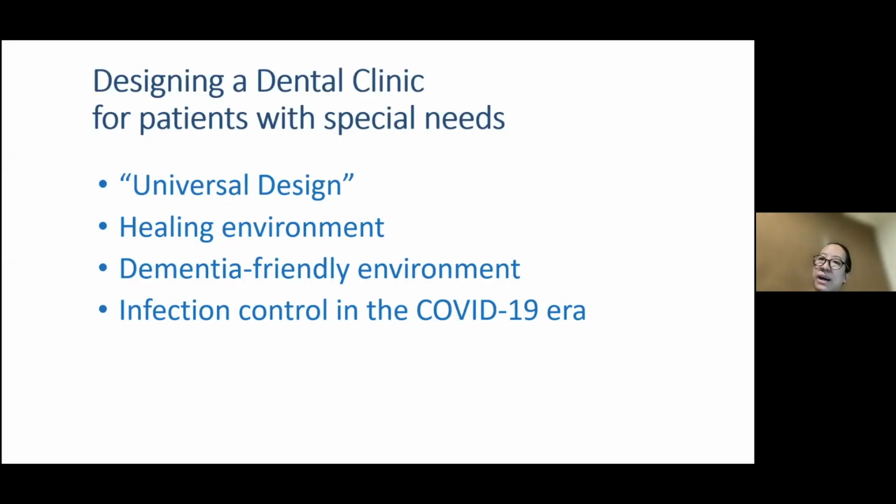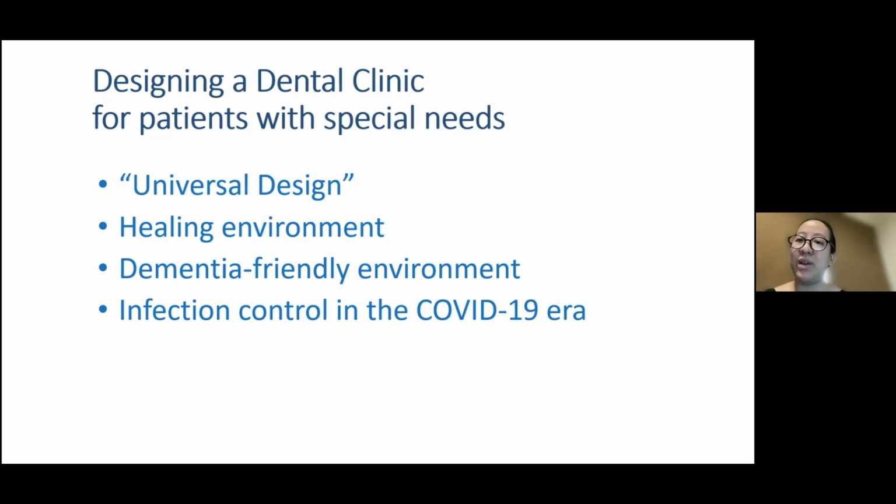So when we talk about the design of a dental clinic, there are 4 issues that I like to emphasize. The first one is quite obvious, a universal design: how to make our clinic accessible to everybody. The second one is the healing environment, the part of spiritual support, the part about making it warm and less anxiety-provoking or threatening to the patient.